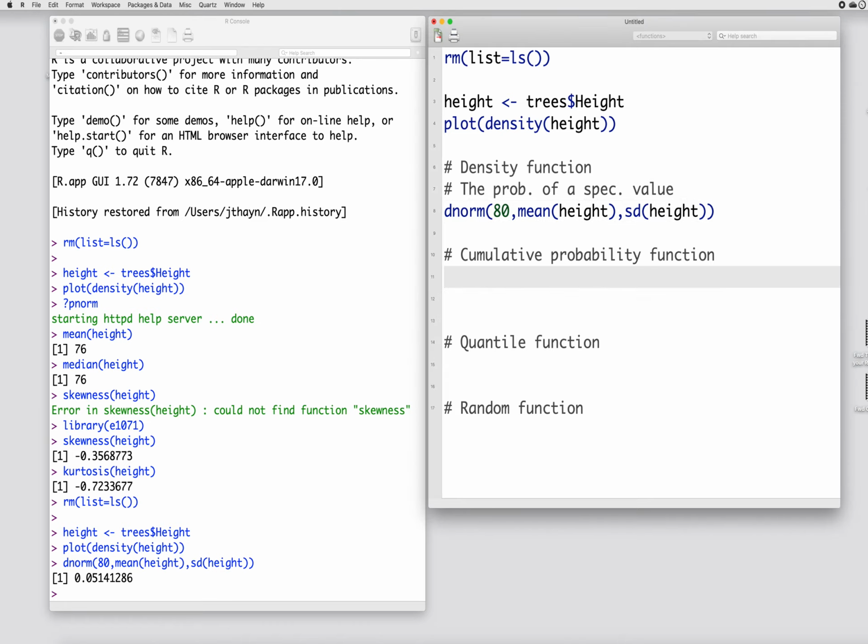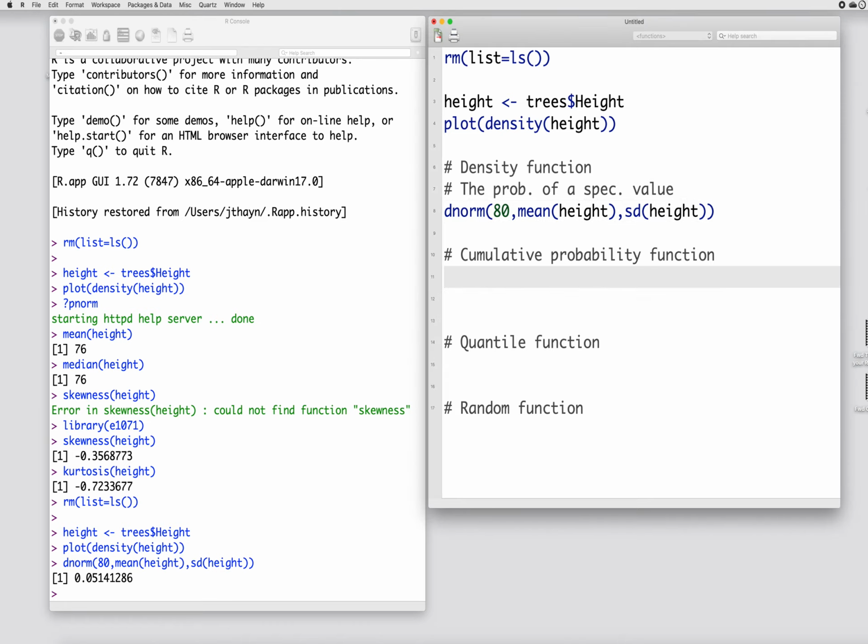So we are now looking at the area under this curve that is less than 80. In other words, we're asking what percentage of the trees in our forest are less than 80 feet tall.